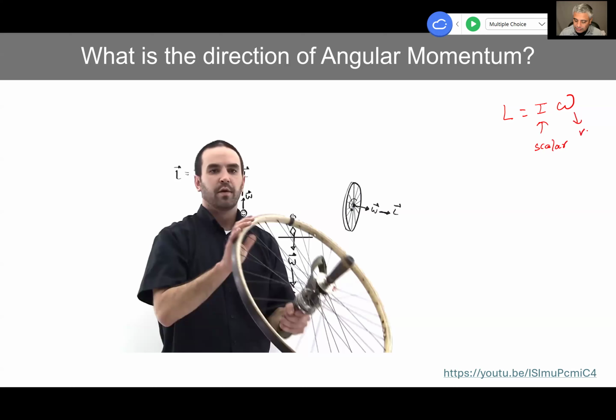This is vector. So that means the direction of L is the same as the direction of angular velocity. So angular momentum and angular velocity have the same direction, just like linear momentum and linear velocity.